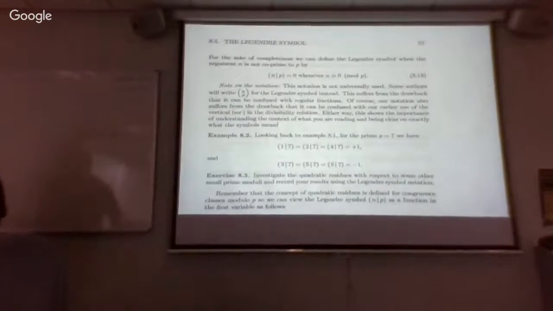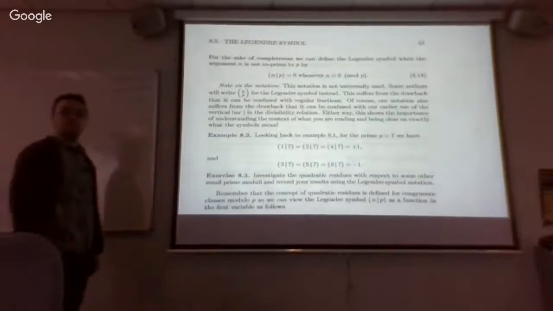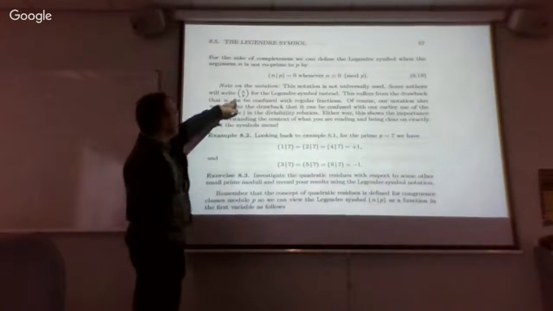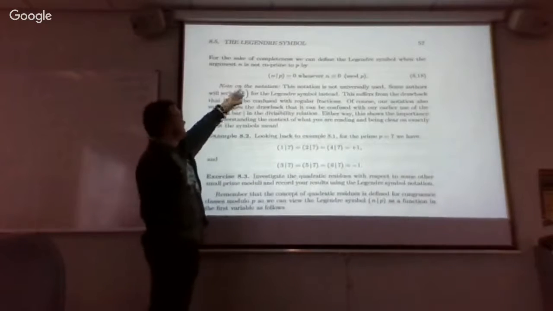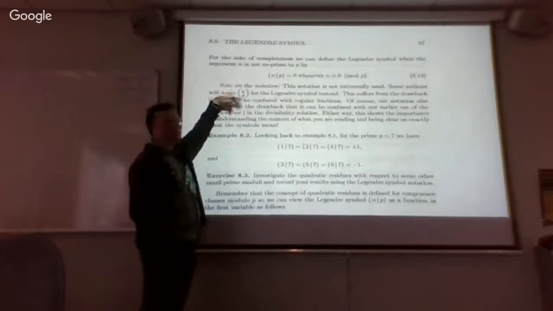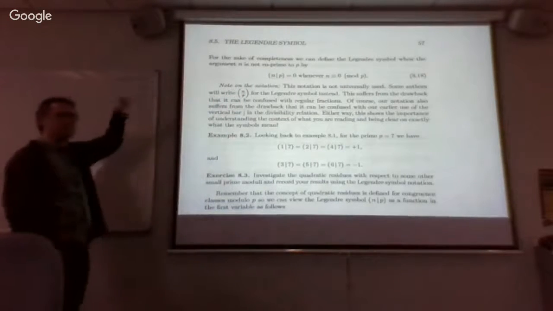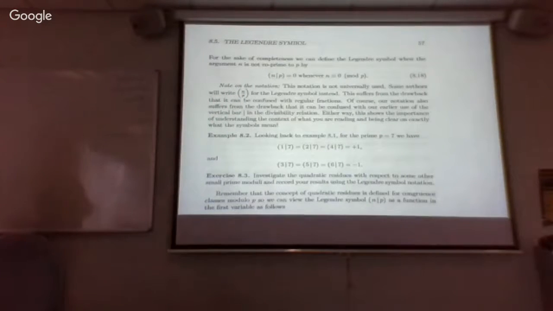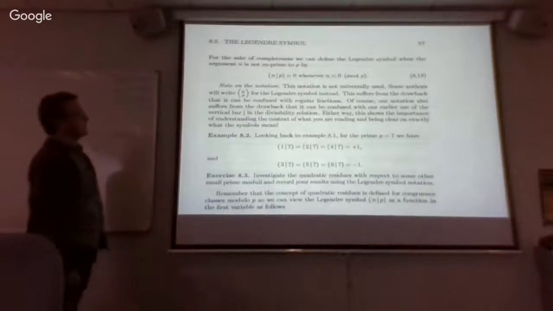It's just a piece of notation, but something to be aware of. I've avoided that notation because it would force you automatically to start thinking about fractions and the fact that p is in the denominator, and that's misleading. I don't think it's a fruitful way to think about it. So that's why I've avoided that notation.